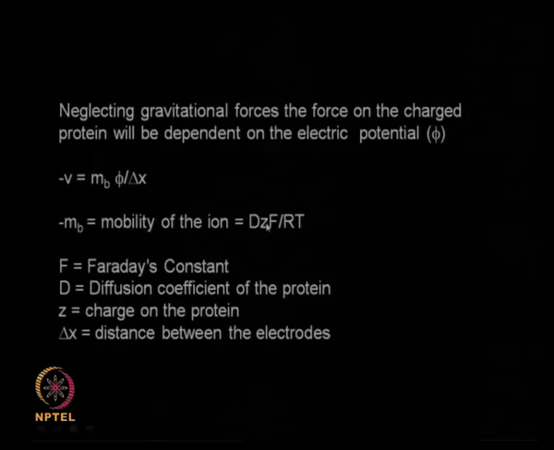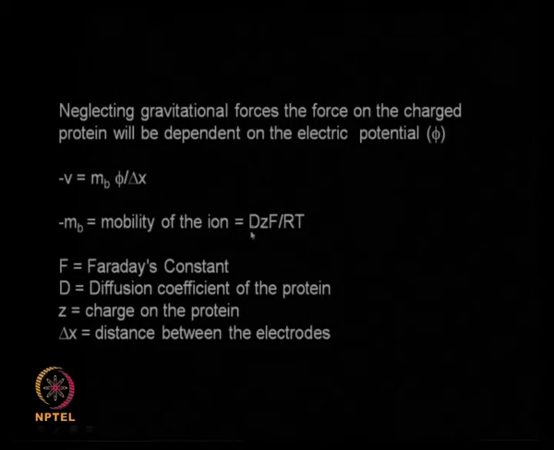If I have a very highly charged protein, it will move very fast towards the cathode. If the charge is very low, it will move slowly. So if I have a protein with charge plus 2 and a protein with charge plus 1, the plus 2 protein will move faster than the plus 1 protein.